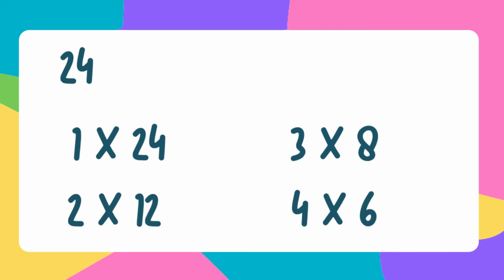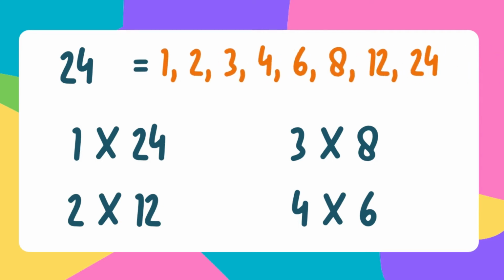We get 24 by multiplying 1 and 24, 2 and 12, 3 and 8, 4 and 6. Therefore, the factors of 24 are 1, 2, 3, 4, 6, 8, 12, and 24.